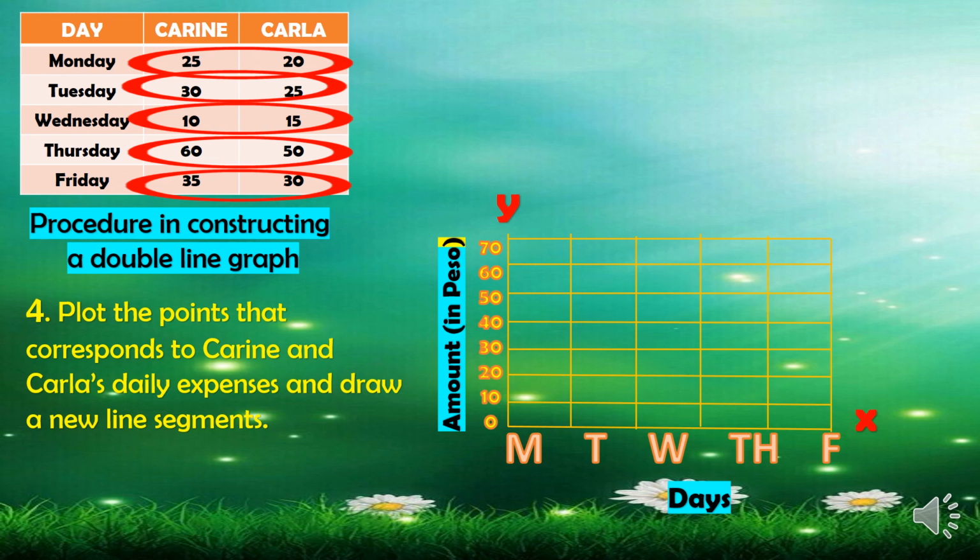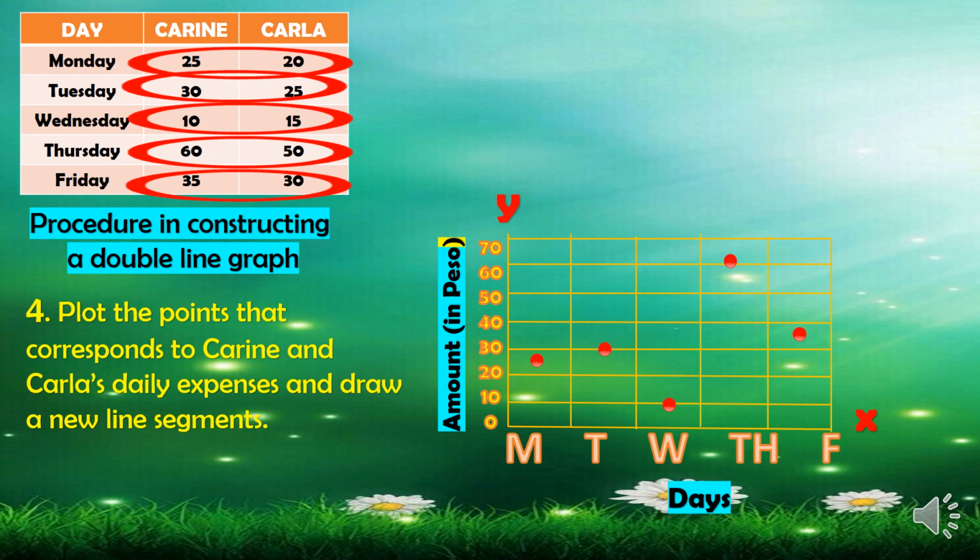So for number 4, plot the points that correspond to Karine and Carla's daily expenses and draw a new line segment. So we will plot the points that correspond to Karine first. So we have 25, 30, 10, 60, and then 35.